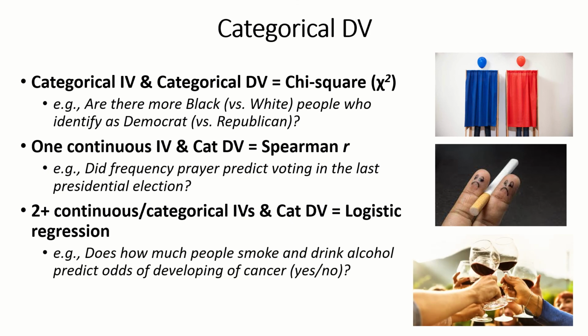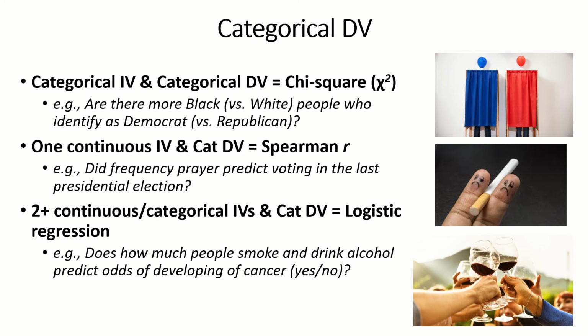So for example, if you're asking, does how much people smoke and drink alcohol predict odds of developing cancer, then this would be a case where you have logistic regression because we have two independent variables, how much people smoke, how much people drink, and then we have one categorical dependent variable, the odds of developing cancer, yes versus no.